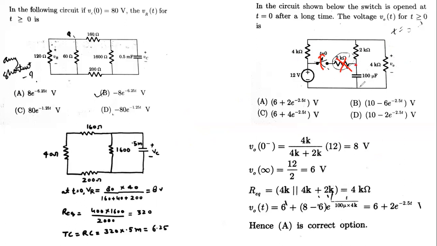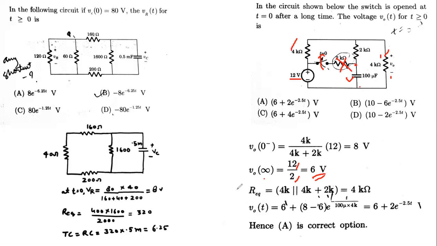So this 12 volt is divided into 4 and 4, and the voltage across the capacitor is the same as across the 4 ohm. So it is just half of the applied voltage. So this Vc(infinity) is 12 divided by 2. So the voltage across the capacitor at infinity is 6 volt. That is Vc(0) and that is Vc(infinity).